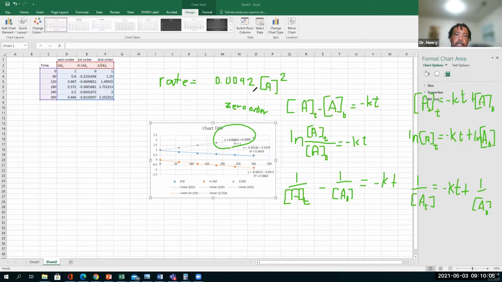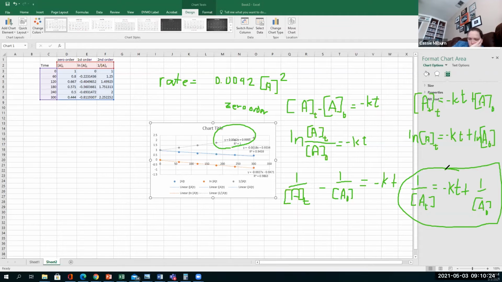And so that's going to be our rate. But in terms of our integrated rate, it's going to be this equation here. Does that make sense?